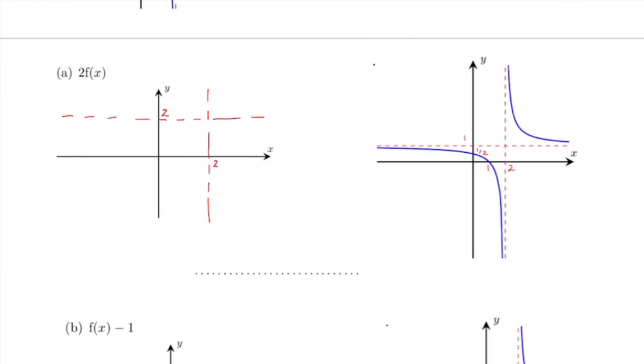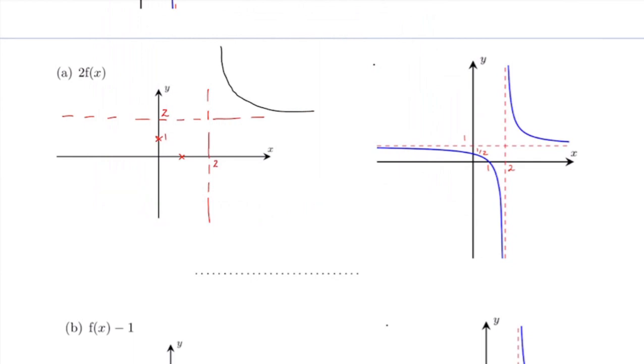The coordinate 0, a half will become 0, 1. And the root at 1 will not change. 1, 0 will stay as 1, 0, because it's only the y that changes. And of course, if you multiply 0 by 2, you still get 0.